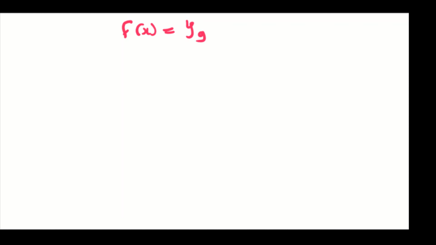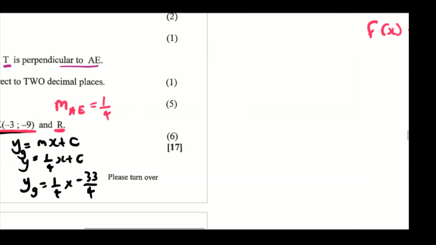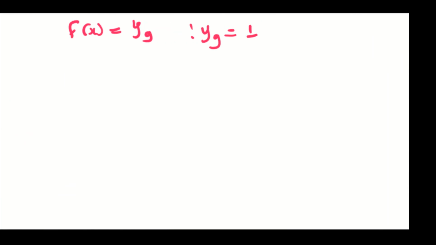And what is the graph of g? The graph of g is y of g equals 1 over 4 x minus 33 over 4.